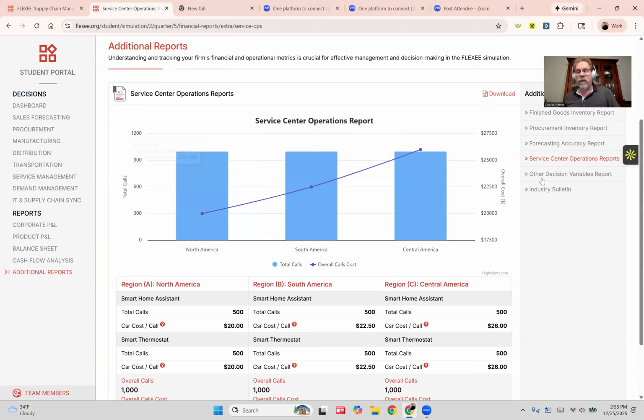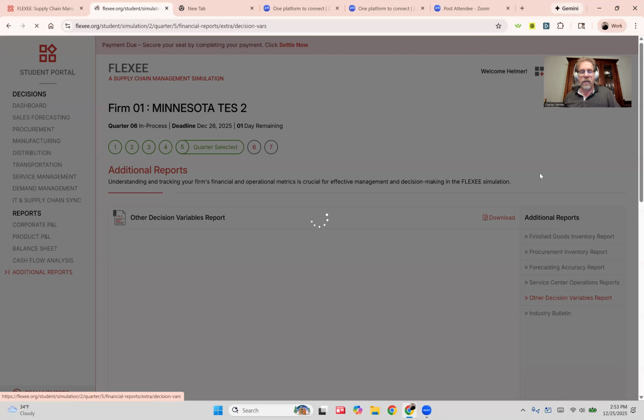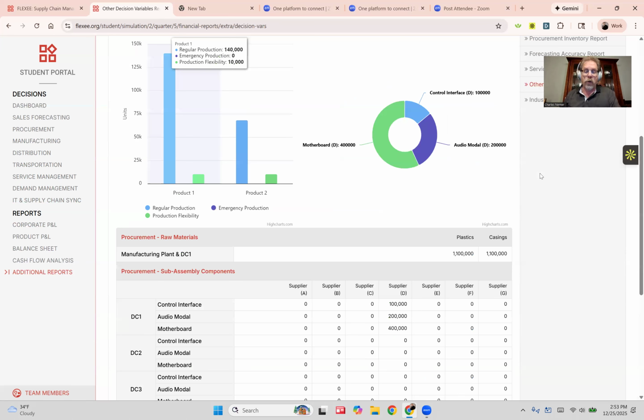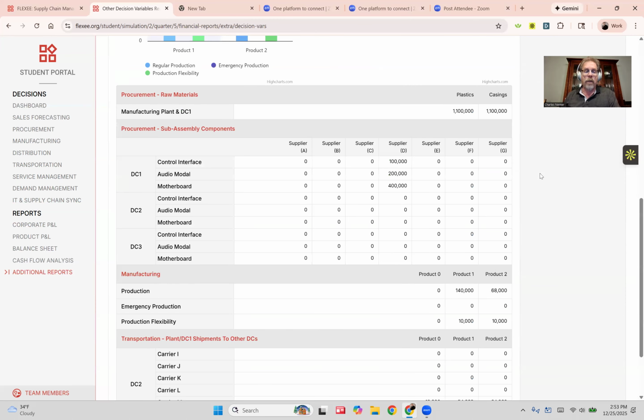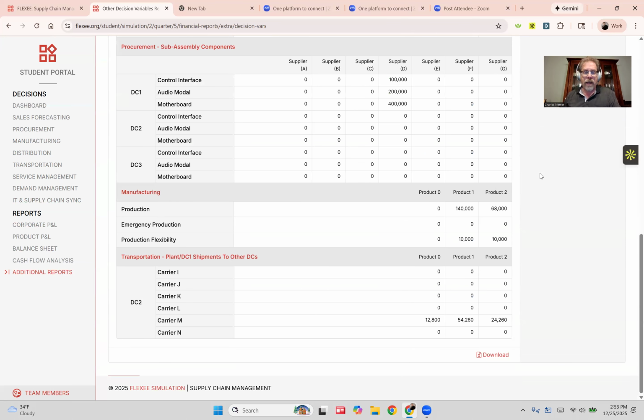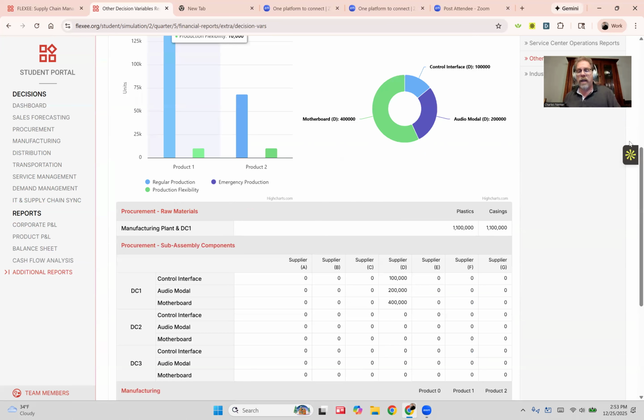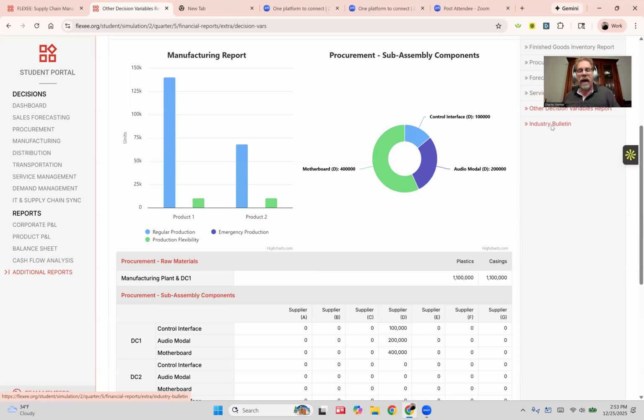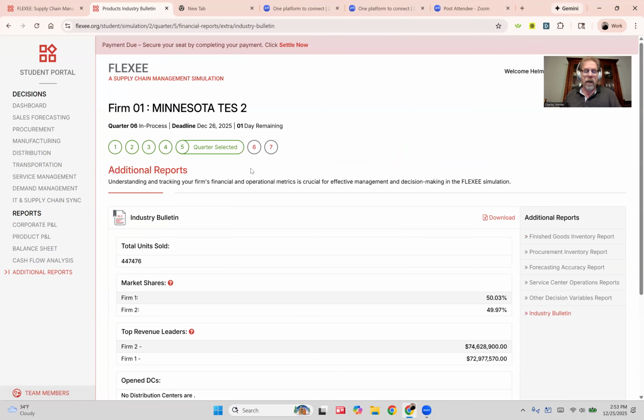The other decision variables report is kind of a miscellaneous one, where we show you a slightly different look at the procurement, where you got it from, the manufacturing breakdown, and the transportation. And then we don't have it built yet, but down the road we will have industry bulletins where, for a price, not the price of the use of the simulation, but as part of your income you can spend some of the money to get industry insights that will help you make decisions.